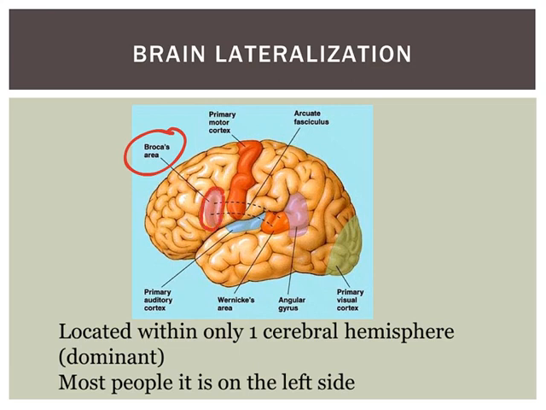It's typically on the left side, in I think 90% of right-handed people and 70% of left-handed people, on the left cerebral hemisphere in that frontal lobe. It is only located on one side of the brain. It's not found on the opposite side.